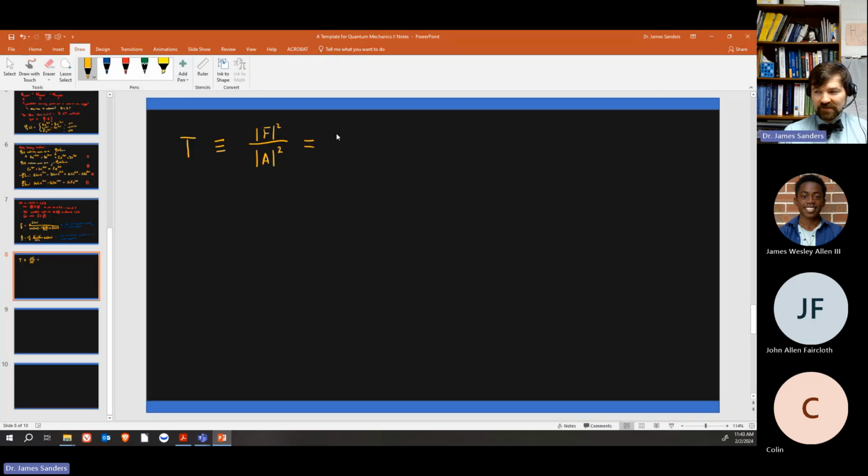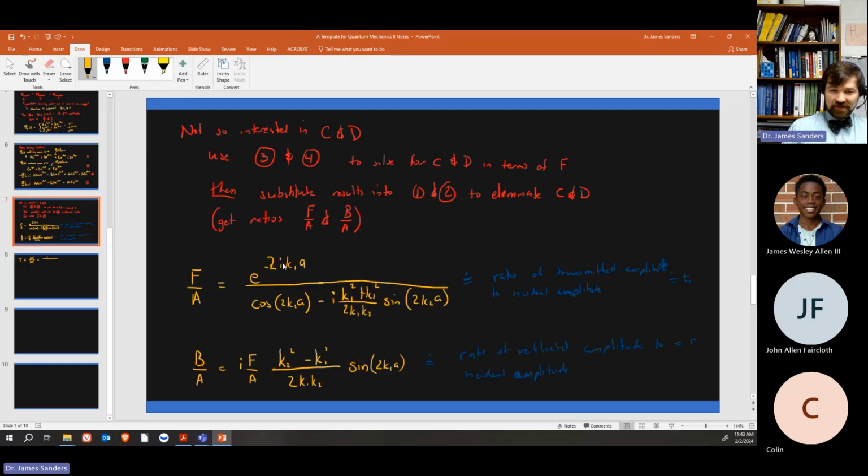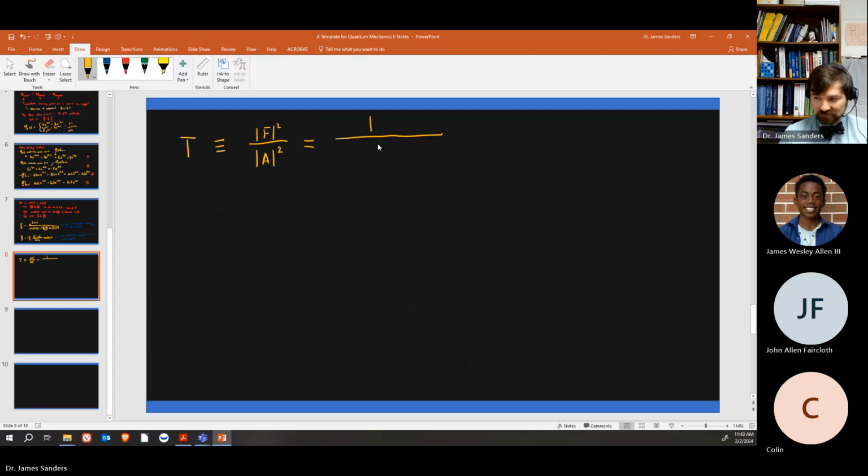And this right here, when you square everything, remember when you take the modulus of this and square it, it's got a value of 1.